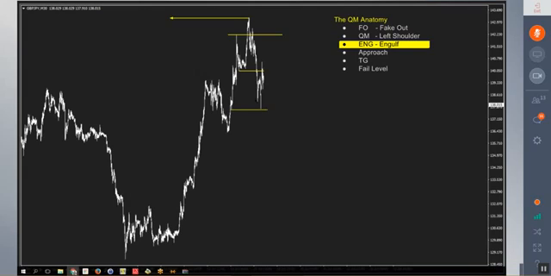Another thing I want you to mention, because it's always going to be the debate, it's always going to be on the discussion if this is a real target or not. So what I have to tell you about this is that when we investigate price on lower time frames, and sometimes we go even to tick charts, price is always zigzag.